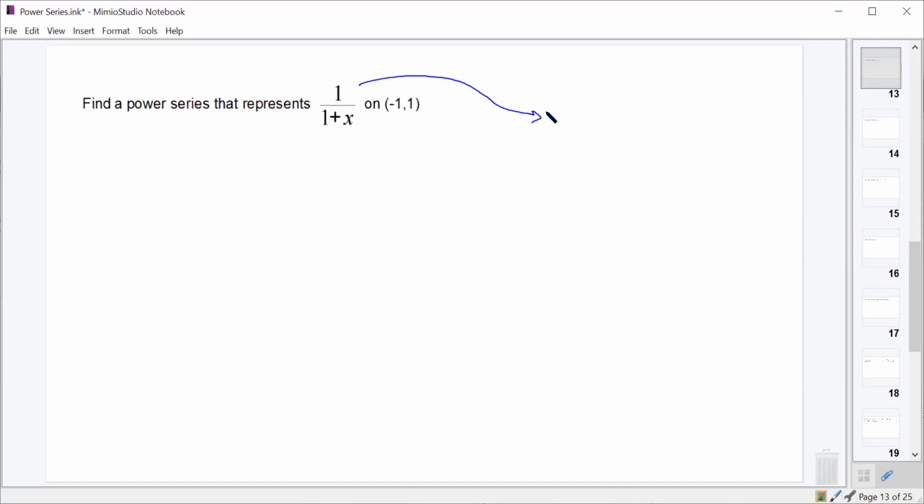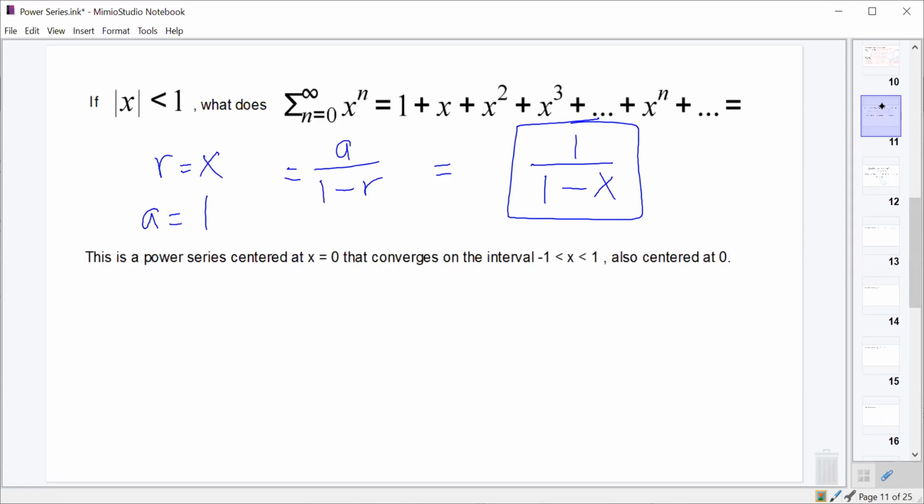Well, what we're going to do is try to rewrite this in a form that looks like 1 minus something, because this thing down here is just our r. This is just our common ratio. And so I can replace this x that I had in the one way back here with any function that I want. And if I replace it with whatever function I want, that function just becomes my common ratio.